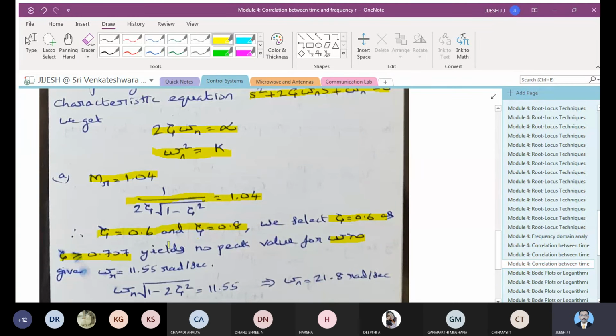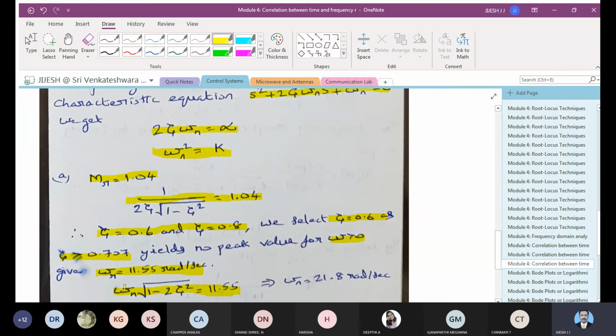And in the question also, it is already mentioned that omega r is 11.55 radians per second. We also have the equation for omega r, which we have studied in the previous derivation. Omega r is equal to omega n root of 1 minus 2 zeta square, so that is equal to 11.55.